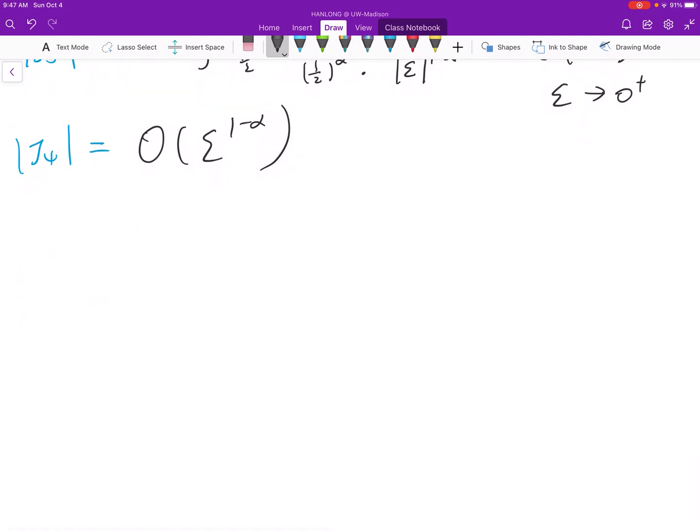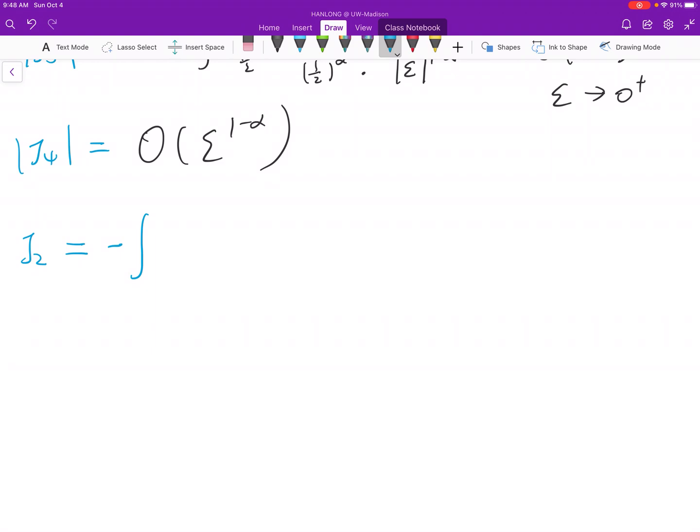Okay, next we want to consider J2. So first, for J2, we plug in the formula for the branched holomorphic functions.